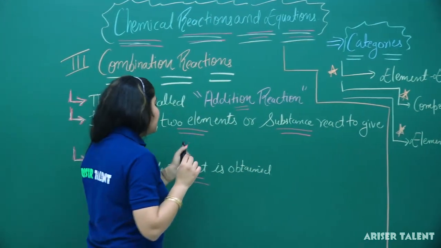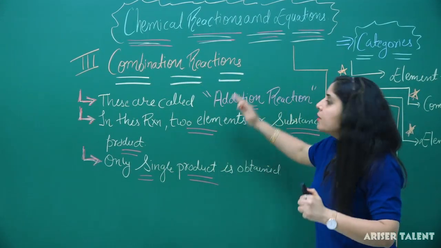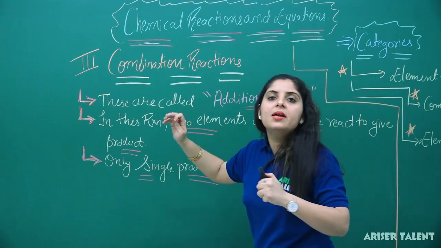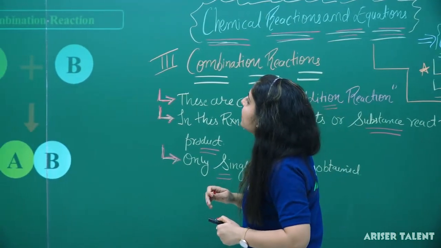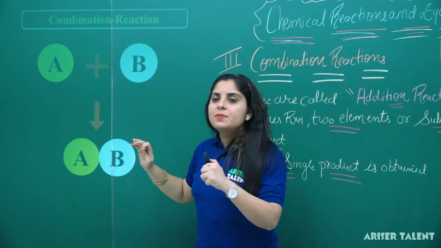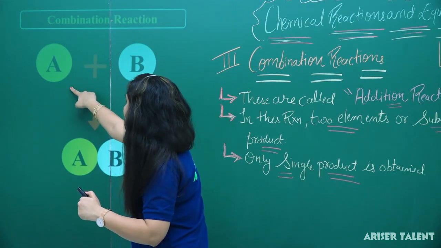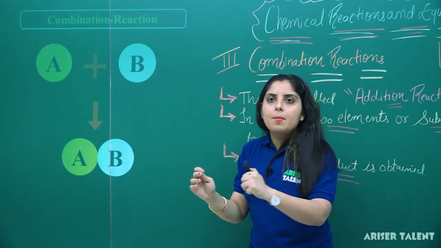We will discuss the three categories one by one, but firstly we will discuss the combination or addition reaction with the help of a simple diagram. See here, we are provided with two elements or substances. This is element number 1 and this is element number 2, or we may call it compound 1 and compound 2.